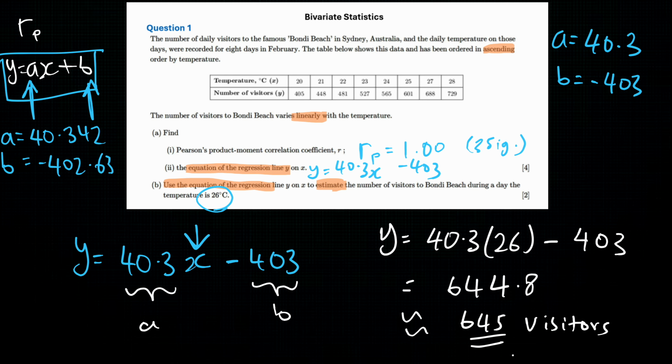Now for the regression line, we need to know 2 key terms that are very, very important. They are called interpolation and extrapolation. When your data is interpolated, it means the x value is within the range of the data set.